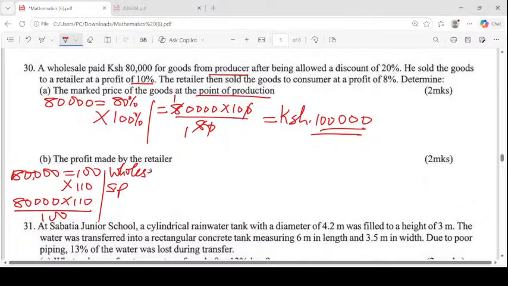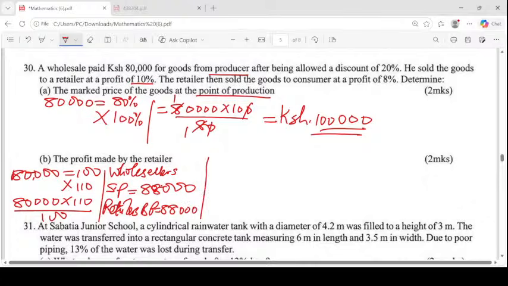You take 80,000 times 110 divided by 100. This is 88,000, meaning that the wholesaler sold it at 88,000. This 88,000 is the retailer's buying price. So the retailer bought it at 88,000.